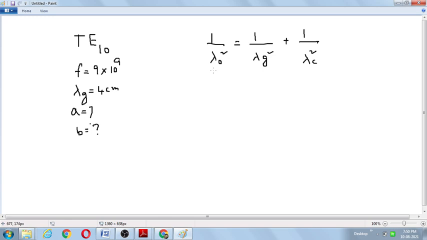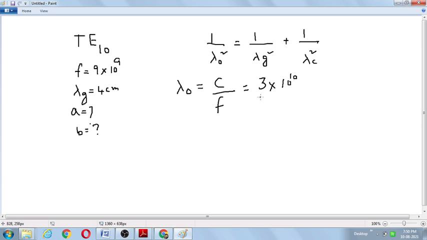Okay, so how to calculate lambda naught? Lambda naught is equal to c by f. Here f is equal to 9 into 10 power 9, that means 9 gigahertz, and c is equal to 3 into 10 power 10 centimeters per second.